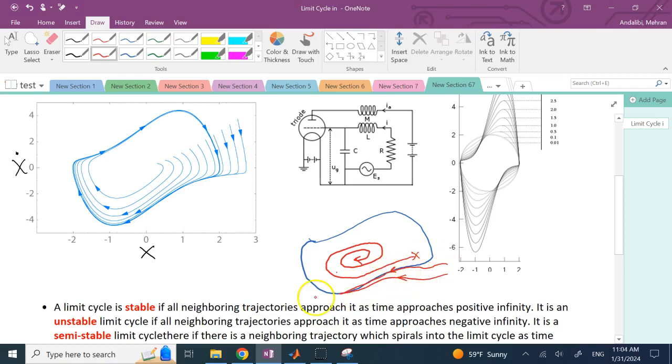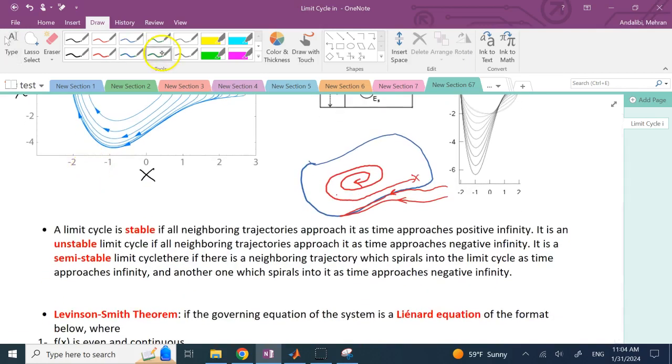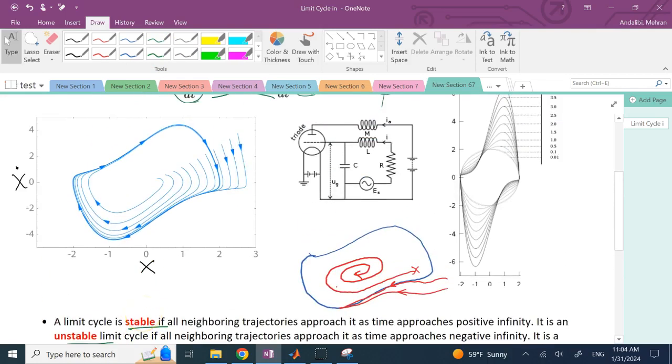This is called semi-stable. On one side, it is attracting the trajectories. On the other side, it's repelling them. So your van der Pol oscillator has the stable one. Inside or outside doesn't matter, it will attract you. But these other ones, no.